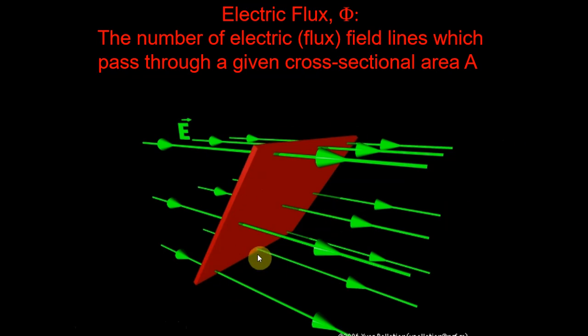We have an area A, which is one side times the other side, and we then see a group of electric field lines running through it. The flux is how many of these field lines there are running through this area. And that's what we're going to attempt to quantify.